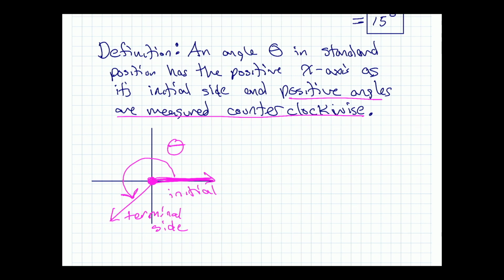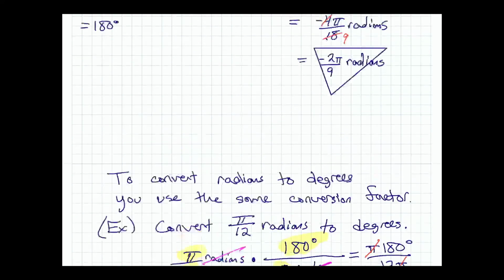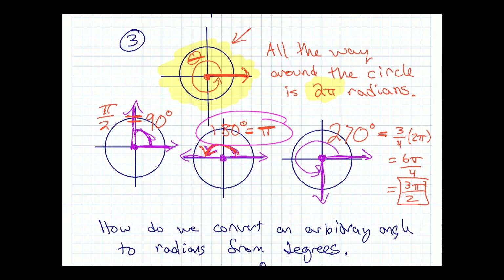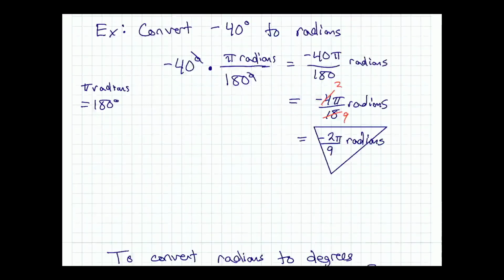All of the angles that I drew so far were in standard position, right? In each case I stuck the initial side right here, right here, right here, right here, and in each case you'll notice that I measured counterclockwise from the initial side. So all of those angles were in standard position, and when they say standard position, that's what we're talking about.